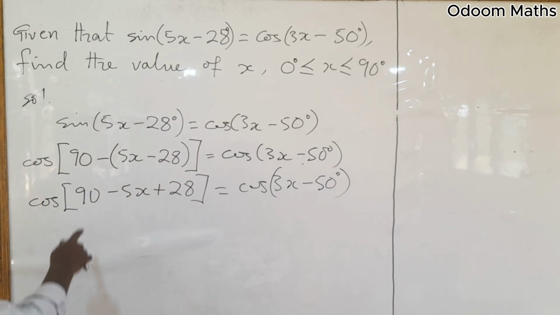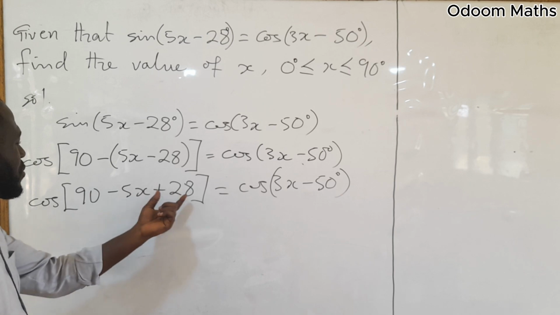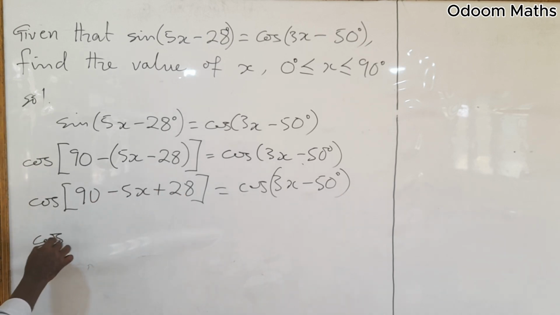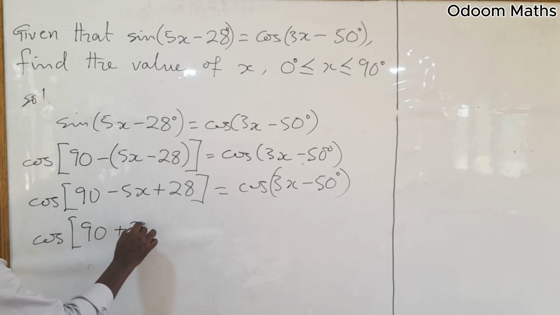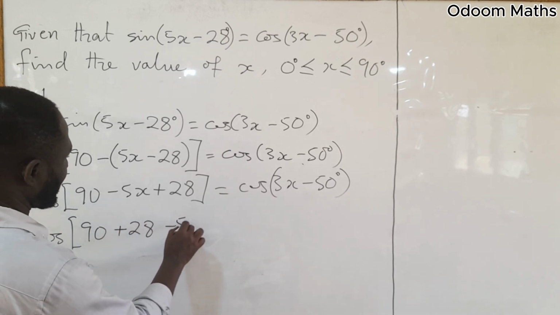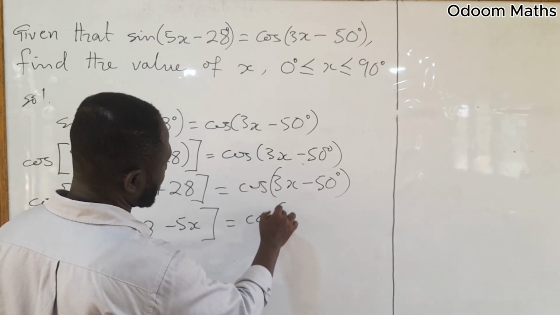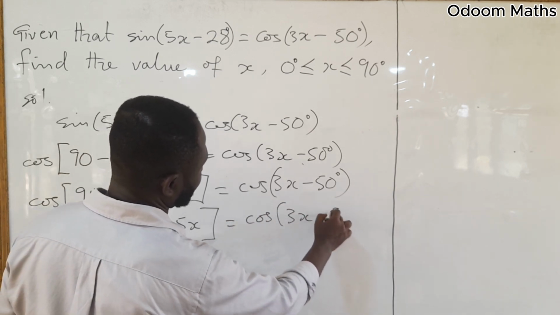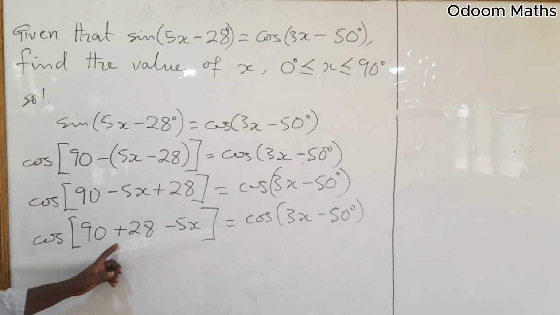Now we can simplify this by adding this one and this one. So cos of (90 plus 28 minus 5x) is equal to cos of (3x minus 50). From here, this is 118.